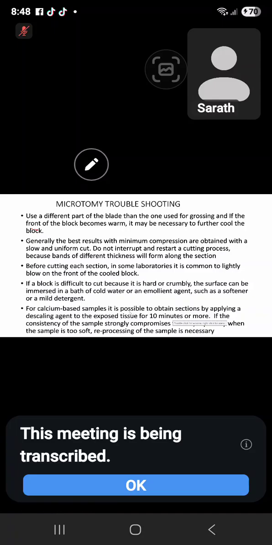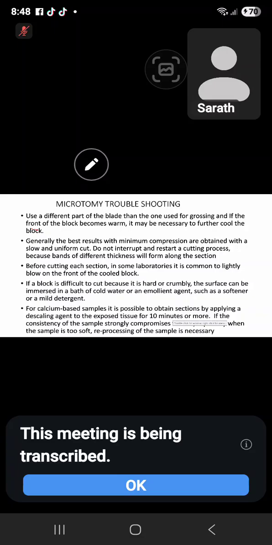For calcium-based samples, it is possible to obtain sections by applying a descaling agent to the exposed tissue for 10 minutes or more. You take formal nitric acid. This is the decalcifying agent. If you feel hard calcium parts are there in the tissue, you take the block out of the machine and immerse it in a mild decalcifying agent like formal nitric acid for a few minutes.